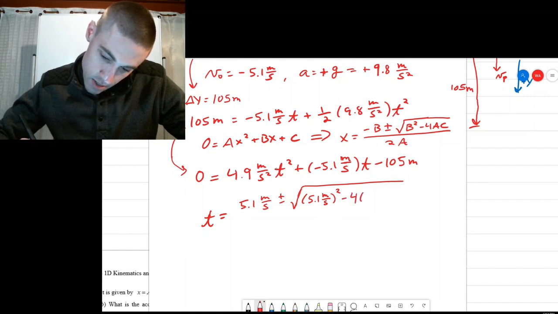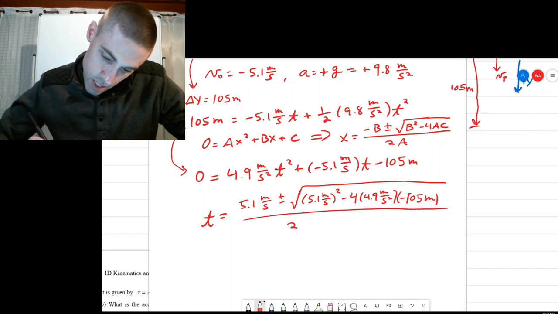A is 4.9 meters per second squared, and c is minus 105 meters, all over 2a. It's 2 times 4.9 meters per second squared.